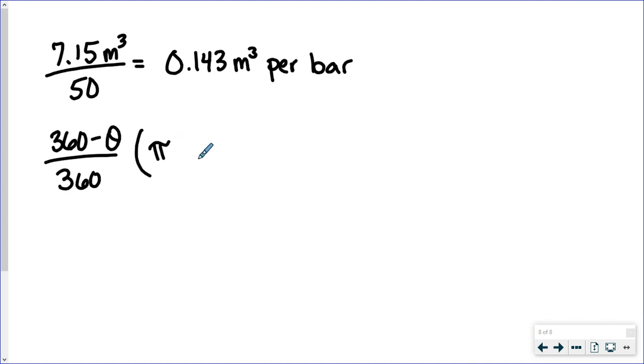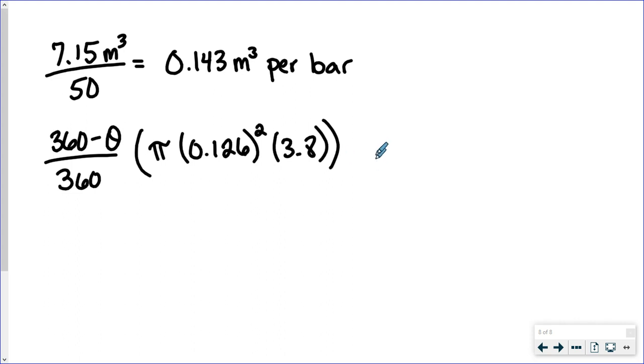So pi times r, and since our volume is in meters cubed, we want to change our centimeters to meters. So 12.6 centimeters is 0.126 meters, and that's pi r squared times h, which is 3.8.